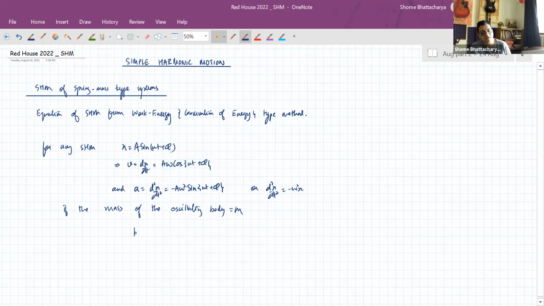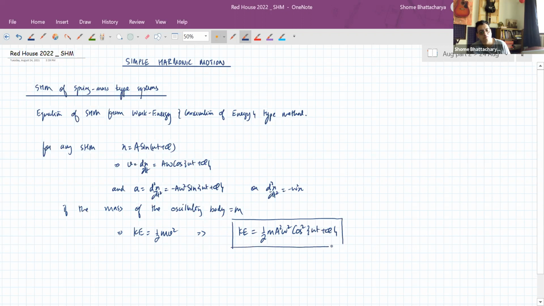equal to m, then the kinetic energy can be expressed in terms of time, or it can also be expressed as follows.